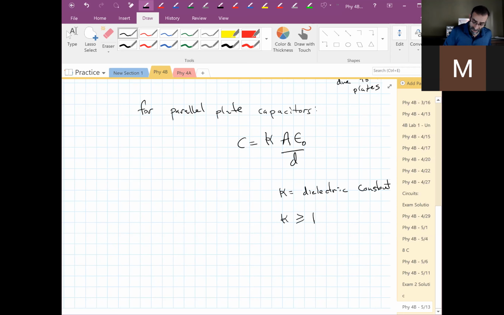And for any capacitor, the capacitance with the dielectric is kappa times the capacitance without the dielectric.